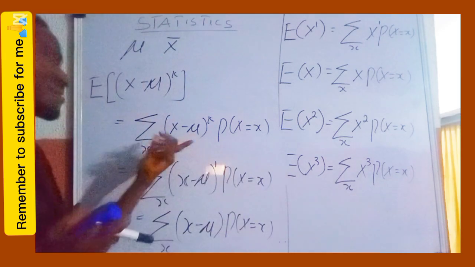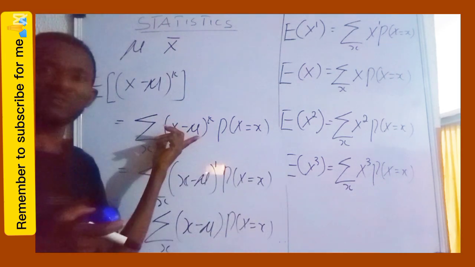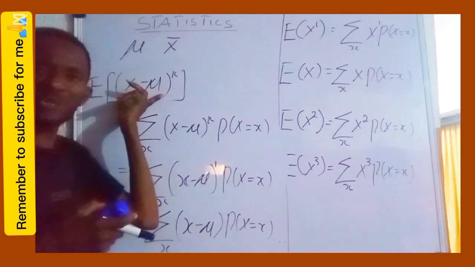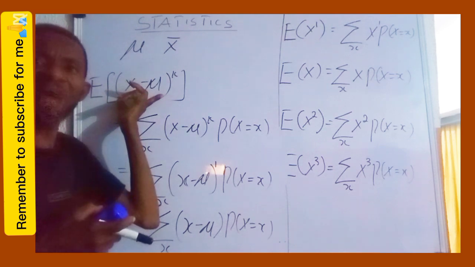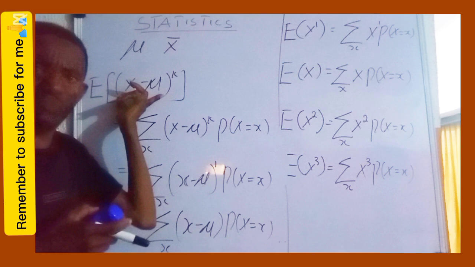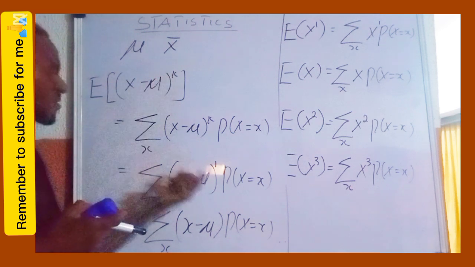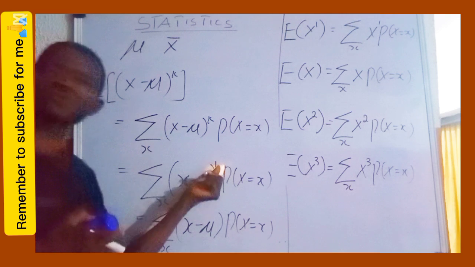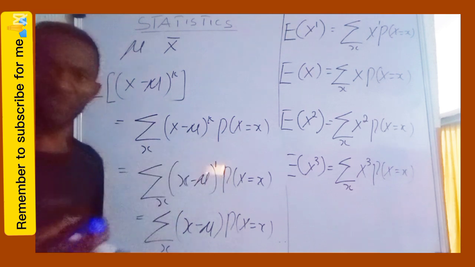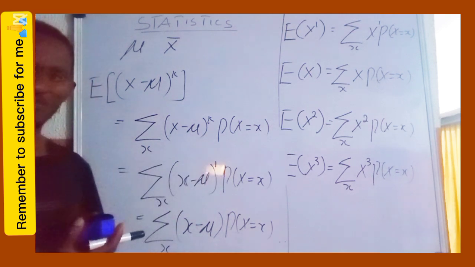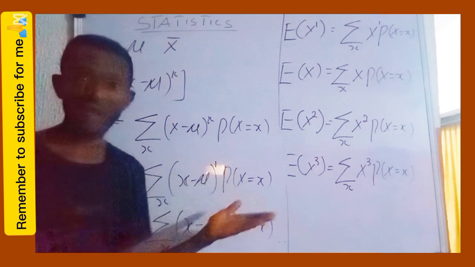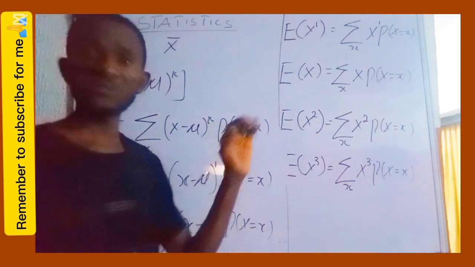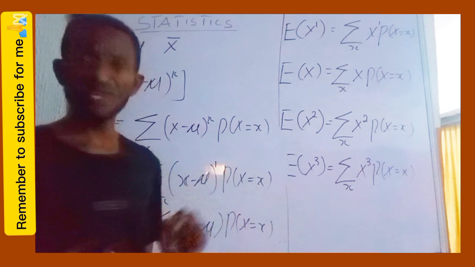If you come here, this is the expression for the kth moment of a random variable x about the mean mu. When this k becomes 1, this is what we are going to have. When k becomes 2, of course, you know what you are going to have, down the line. I want to believe that you have had much on the theoretical moments about the origin and the theoretical moments about the mean.